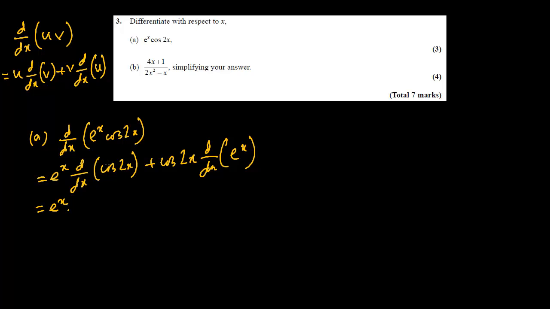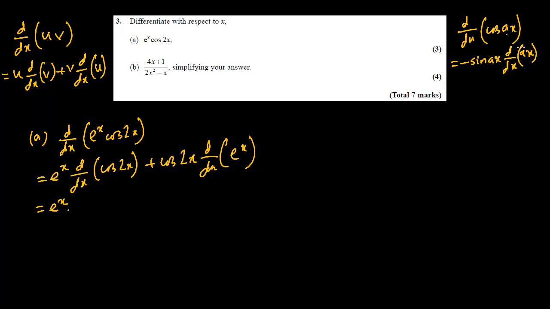That would be e to the power x, and the derivative of cos, let me write it down here. d by dx of cos of any angle would be minus sine of exactly that angle, and there is a chain rule, which is a product of the derivative.